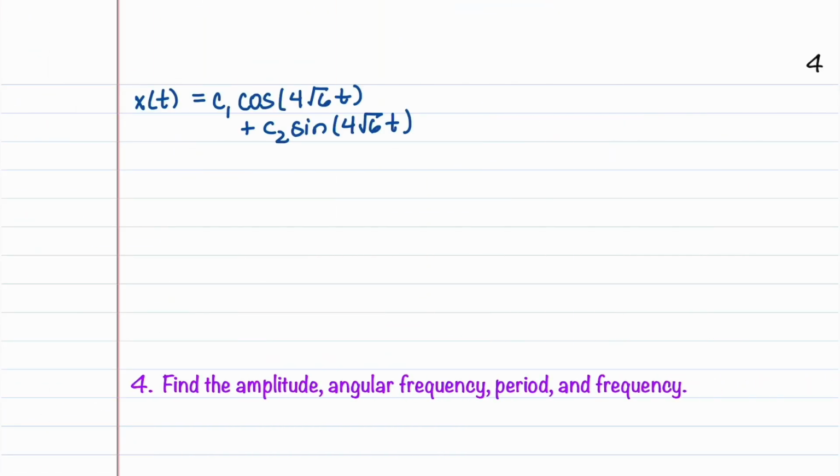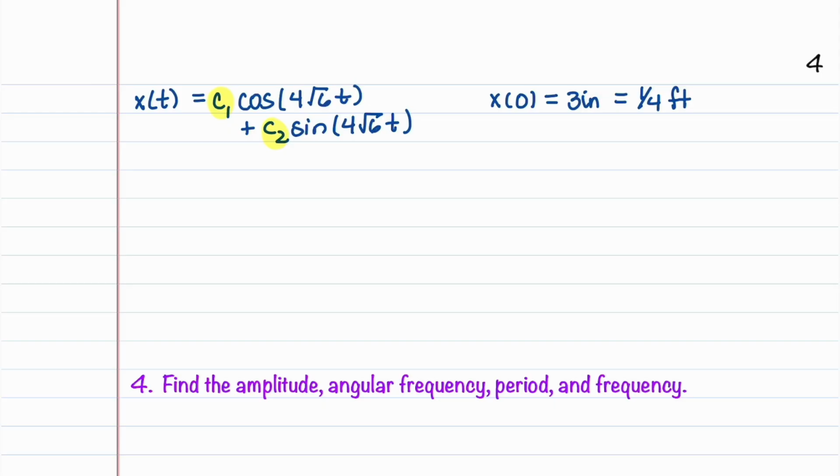What we need to do now is find c1 and c2. And we're going to use our initial conditions to do that. We were told that x at 0 is equal to 3 inches. I am going to change this to 1/4 of a foot so our units match up.